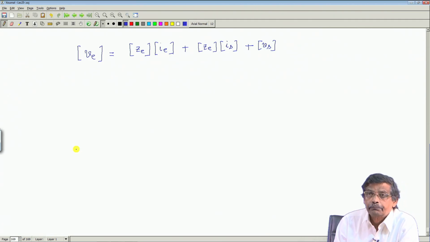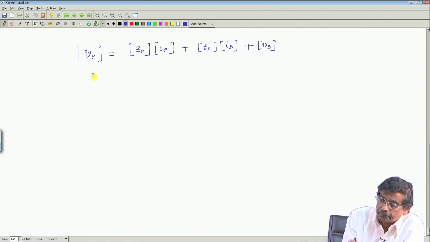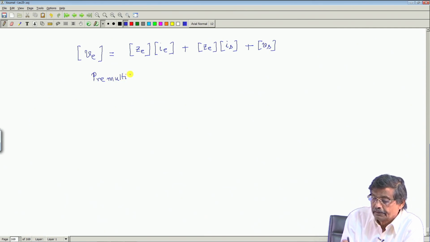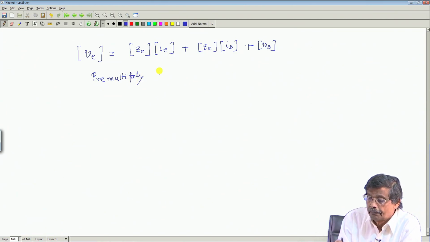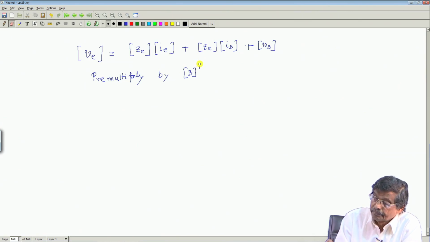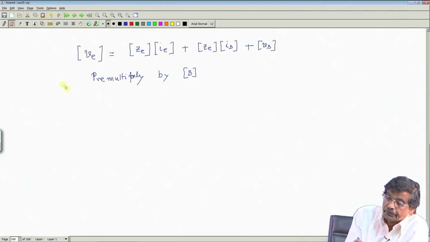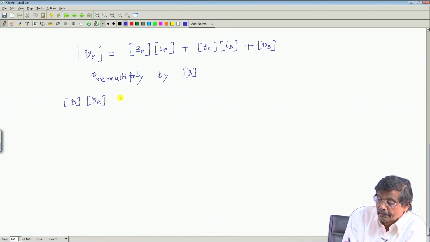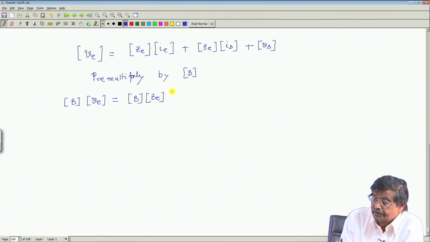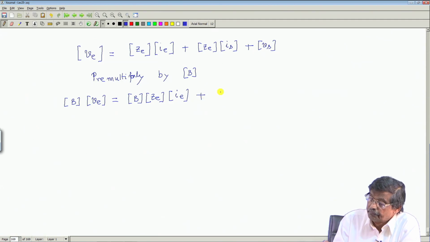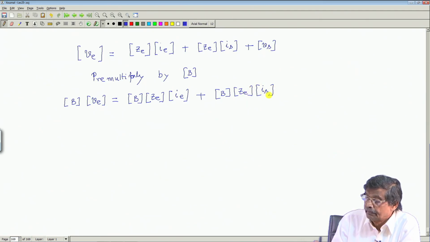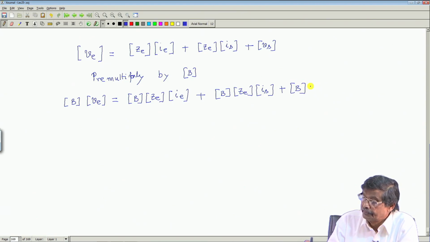Now, we pre-multiply both sides by B. So, this will be equal to, let me write in steps, B into V equals B into ZE into IE plus B into ZE into IS plus B into VS.